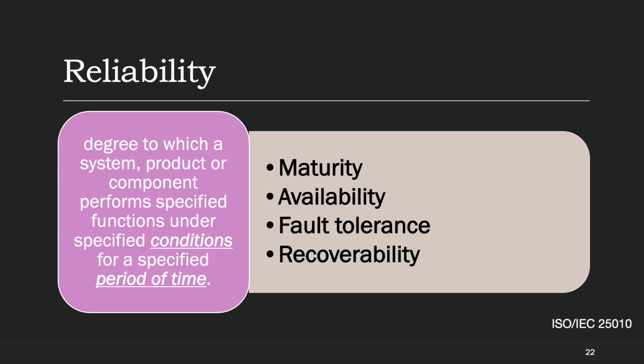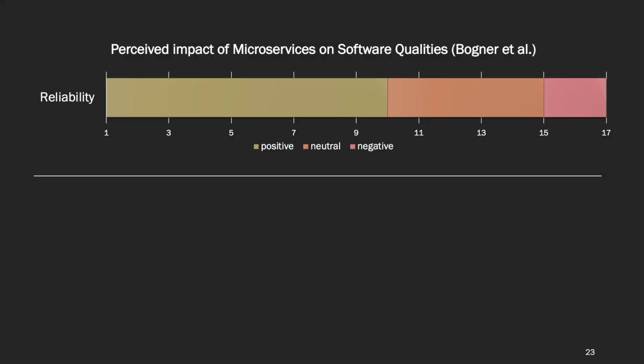Reliability is an important quality, perhaps even more so for cyber-physical systems that are running in close contact with us humans. One example is, for instance, social robots. Interestingly, when it comes to reliability, there were two opposing views by the practitioners in the study of Bogner et al.